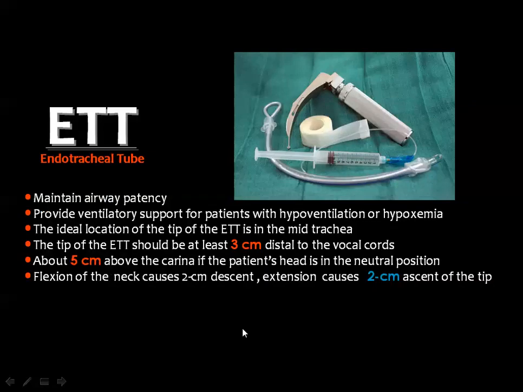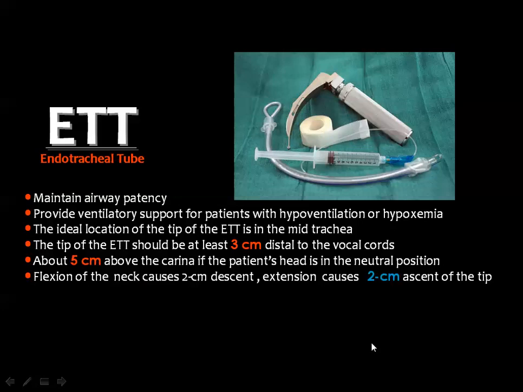We'll start first with the endotracheal tube. And this endotracheal tube, as you can see here, is used to maintain the airway and to provide ventilation in patients with hypoventilation or hypoxemia.